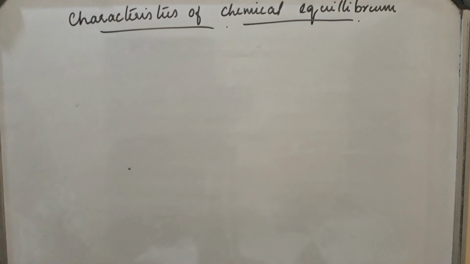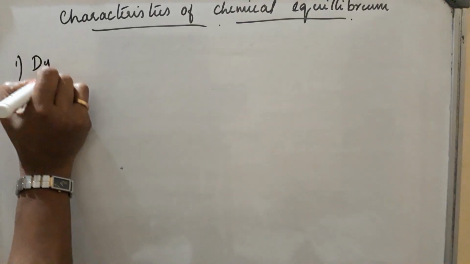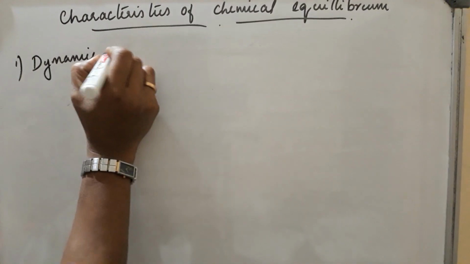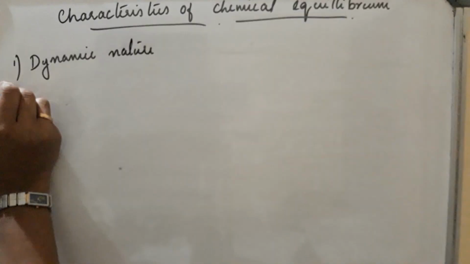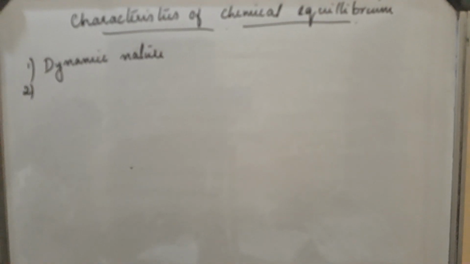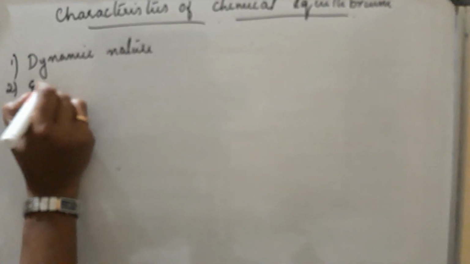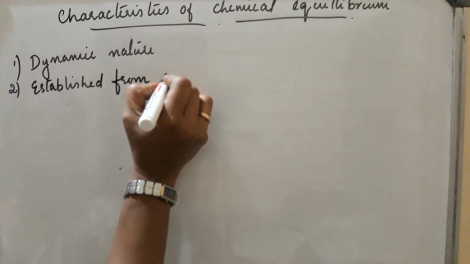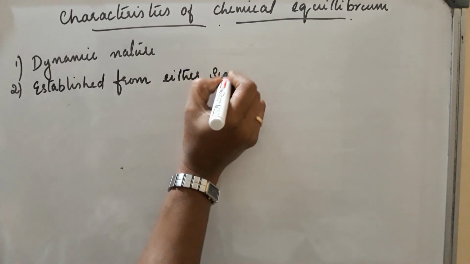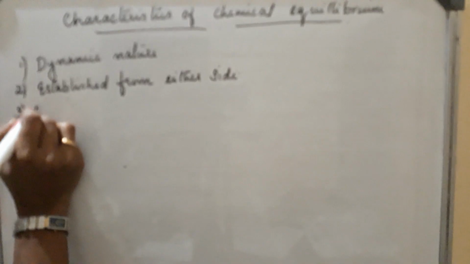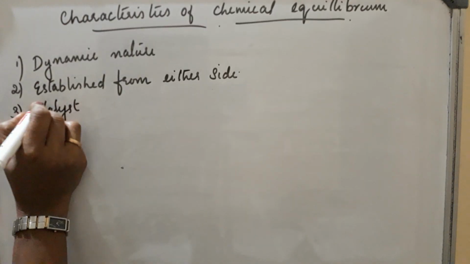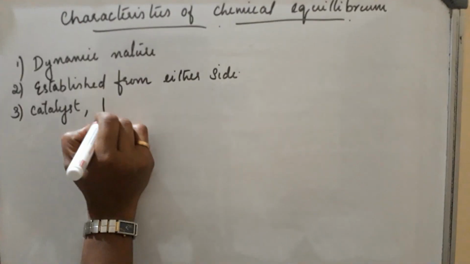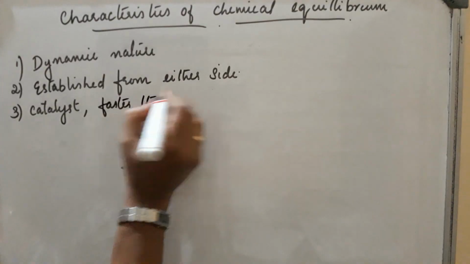Characteristics of chemical equilibrium. First point, chemical equilibrium is dynamic in nature. Second point, chemical equilibrium can be established from either side. Then, in the presence of a catalyst, the state of equilibrium is attained faster, but it will not alter the state of the equilibrium.